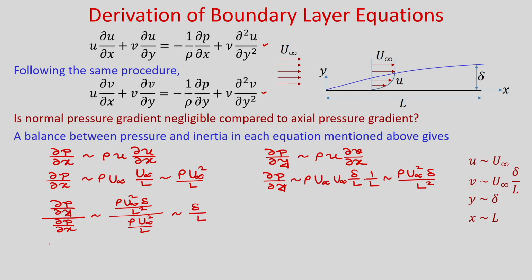So, as delta by L is much smaller than 1, you can write del P by del y will be much smaller than del P by del x. Okay. So, from here we can see from the order of magnitude analysis that del P by del y is very small compared to the axial pressure gradient del P by del x.